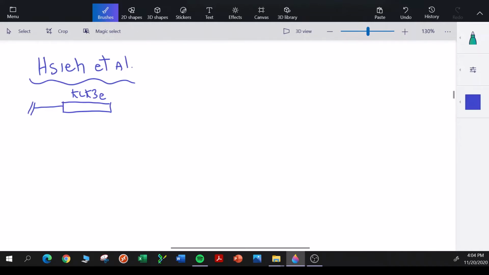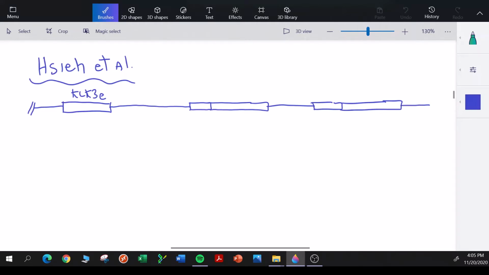But they also used the 3C assay to show interactions between the enhancer and the promoters of a distantly located gene. So here's a crude diagram of the enhancer and some genes they are studying.